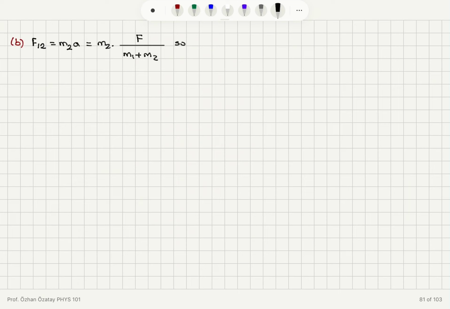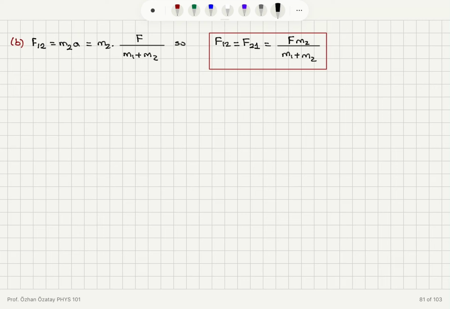So I can say that the magnitude F12 is equal to magnitude F21, but they point in opposite directions. And it can be written as the force F multiplied by m2 divided by (m1 plus m2). So this would be my final answer for the magnitude of the contact force between these two blocks.